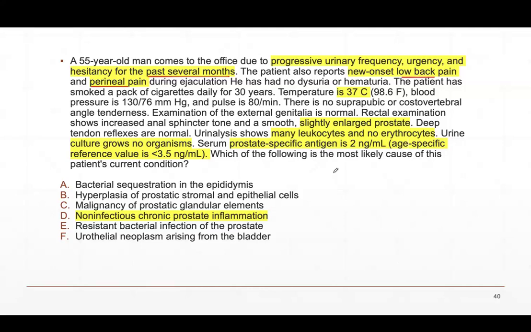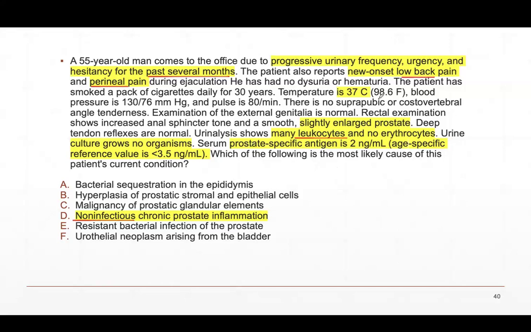And then other features of chronic pelvic pain syndrome is that it's non-infectious. So they do have many leukocytes, but the culture grows no organisms. And even sometimes they'll tell you that the prostate size is normal. In this scenario, it's slightly enlarged. Does this make sense? So if you were to pick up a pattern for chronic pelvic pain syndrome: BPH symptoms that developed in a shorter time span than it usually does, PSA is normal, culture is negative, and they'll usually emphasize it.